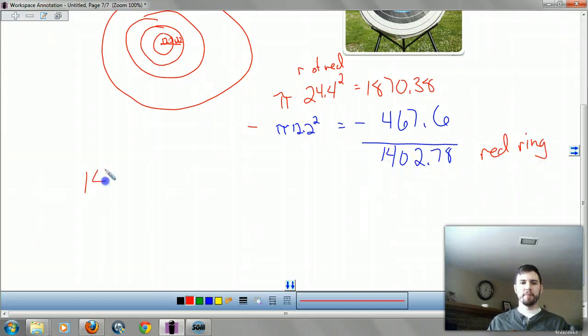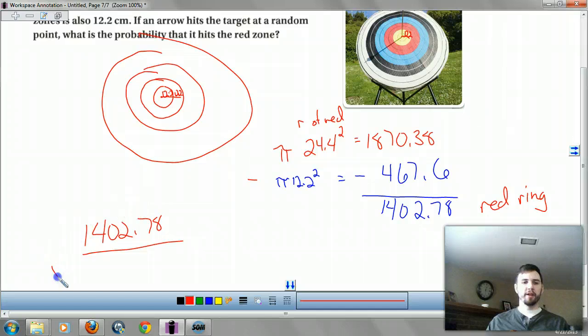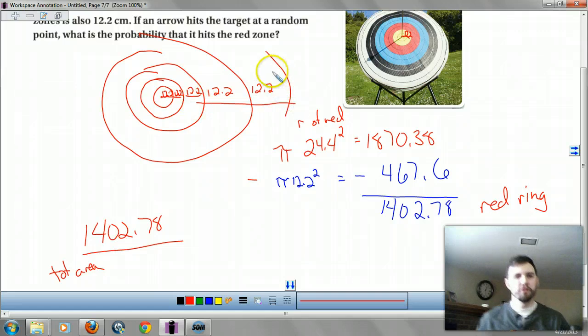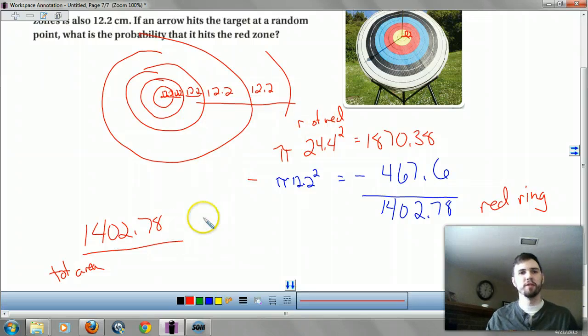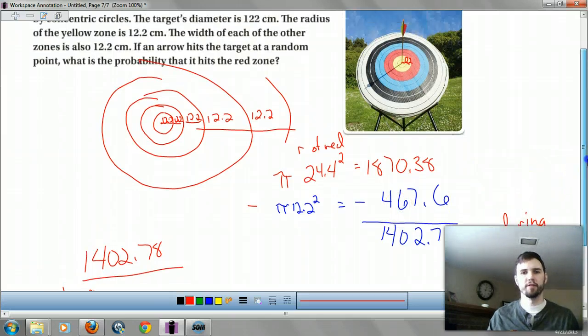So now I'm going to divide that by my total area. Now, my total area, well, if each one's 12.2, right? So that's 12.2 times 5. We have a 61 radius, right?